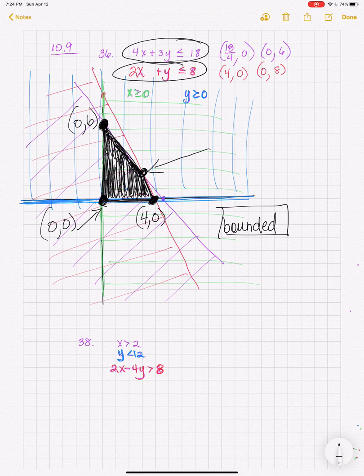I think it's my pen. My pen is about to die. So let me see if I can get it going here.